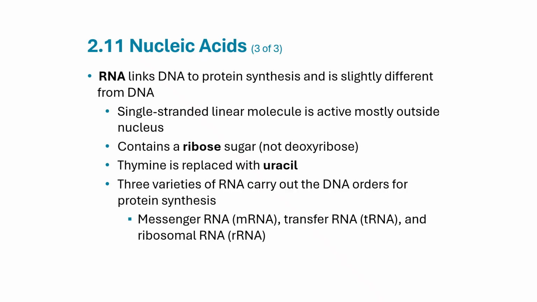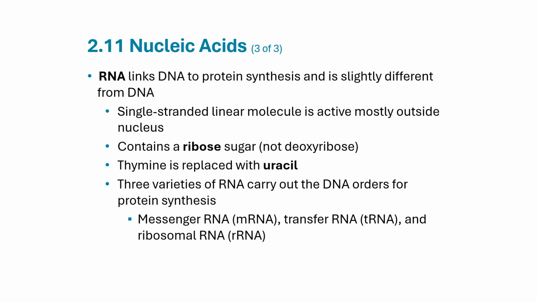All right, RNA. RNA links DNA to protein synthesis and is slightly different. First of all, it's a single-stranded linear molecule. And this is mostly outside the nucleus. So DNA is double-stranded inside the nucleus. RNA is single-stranded outside the nucleus. This contains ribose sugar, not deoxyribose.